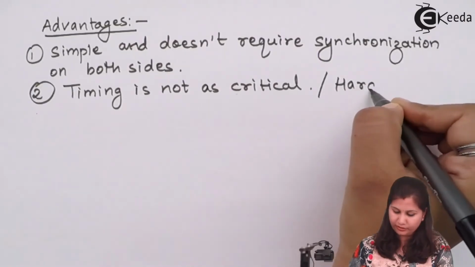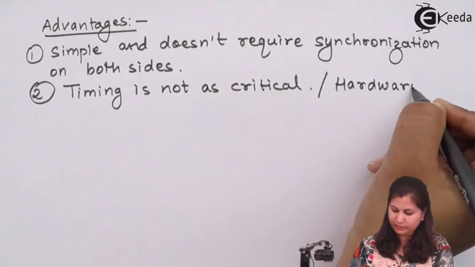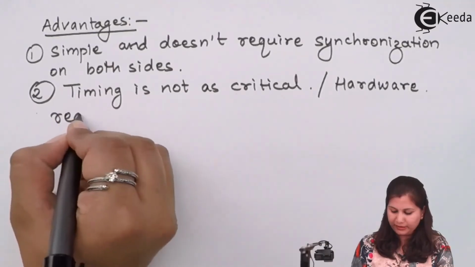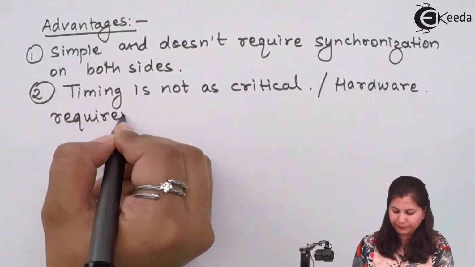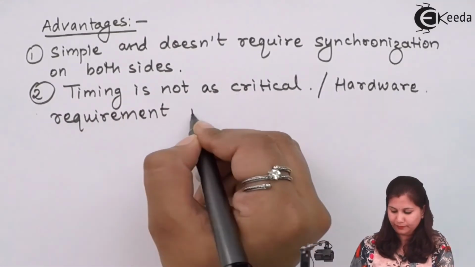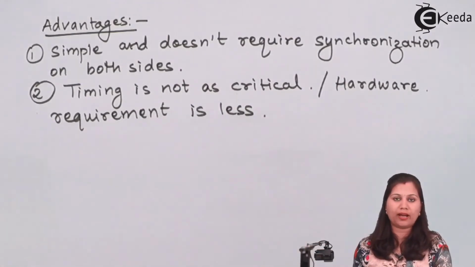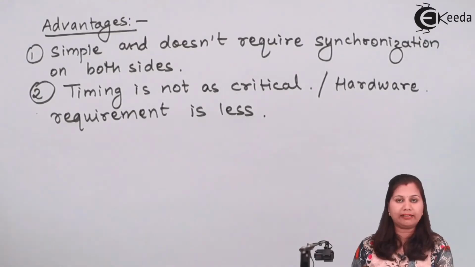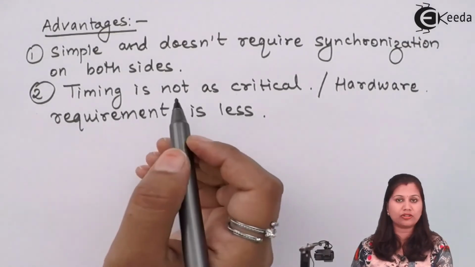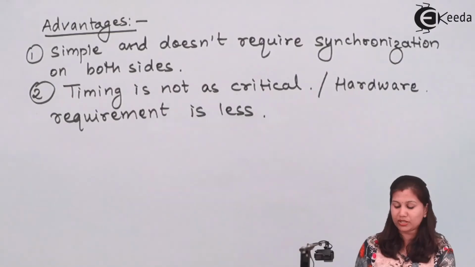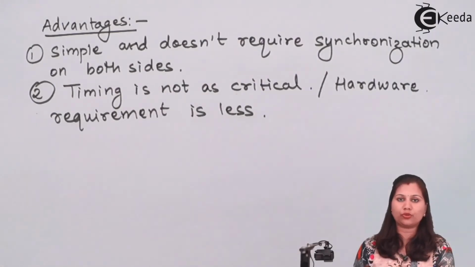As timing is not required, the hardware requirement is less. No separate clocks are required, so internal circuitry can be used. Hardware is reduced, and so we can say that this method is cheap.